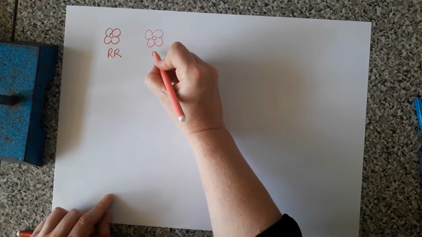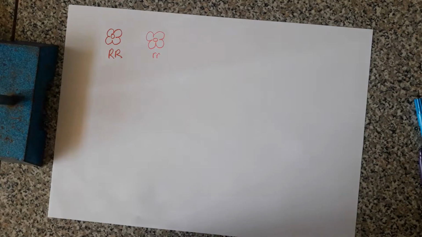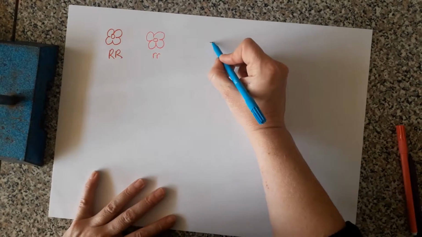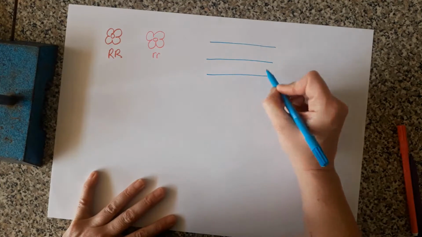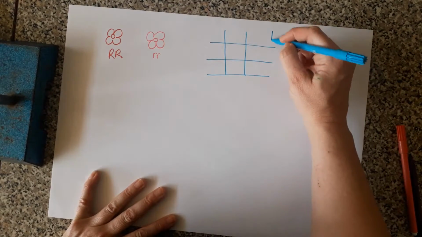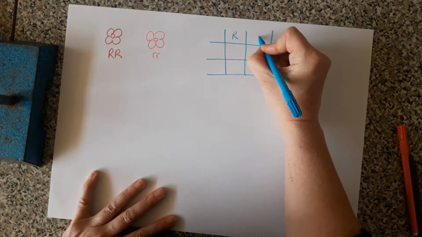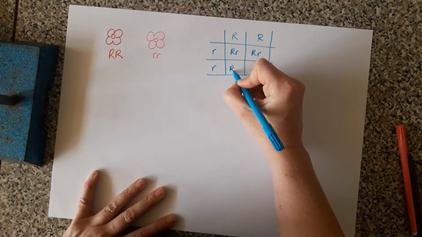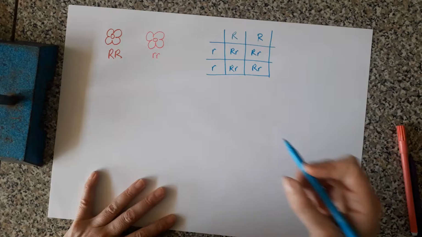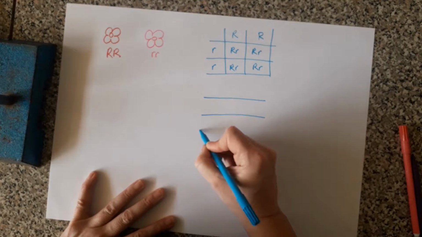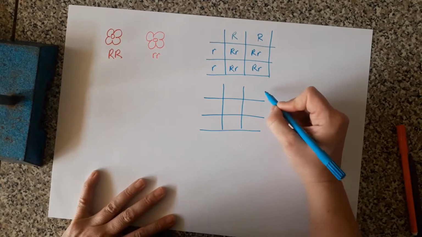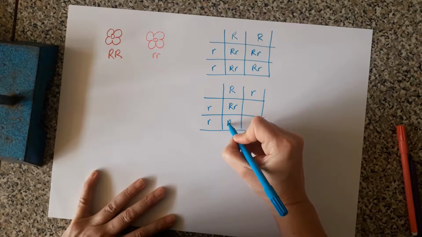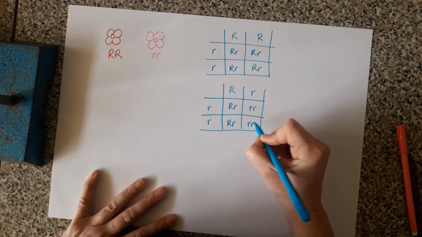And the reason they choose a pink flower is they know that the pink flower is homozygous recessive. So they know that if they set up their test, if their flower actually is homozygous dominant, all the babies will be red, every single one. On the other hand, if their flower is actually heterozygous, they know that half their babies will be pink.